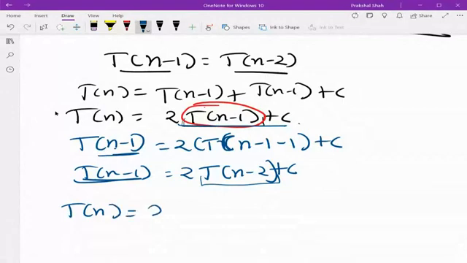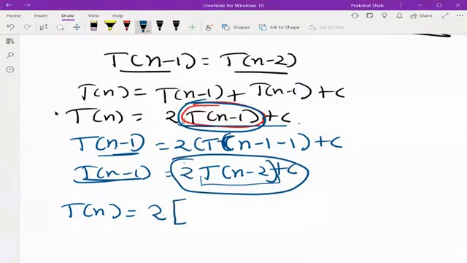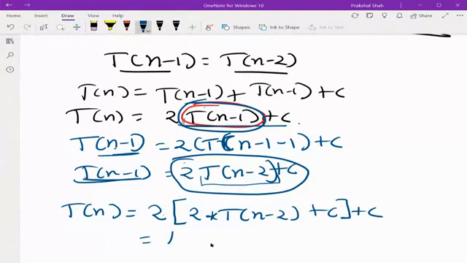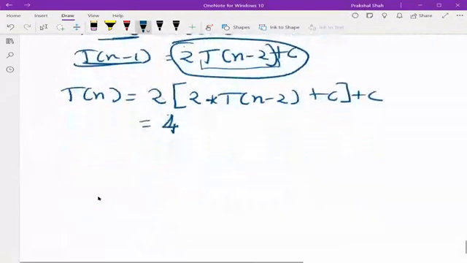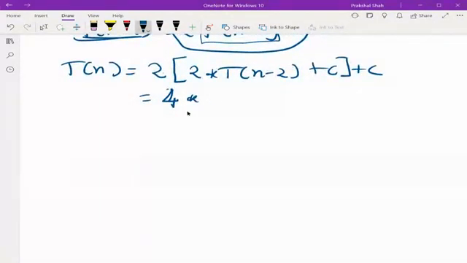It will look like 2 into 2 into T of n minus 2 plus c, plus c. So it will look like 4 into T of n minus 2 plus 2c plus c. It will be 3c. Yes or no?